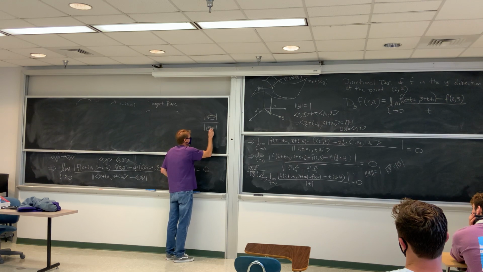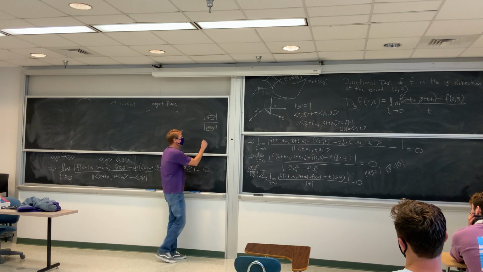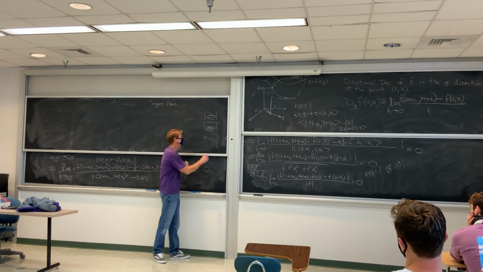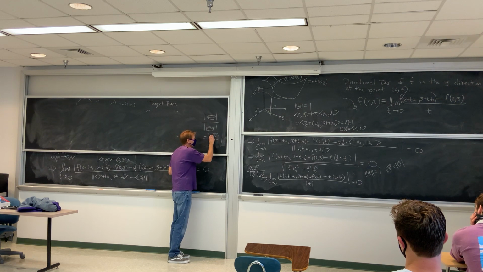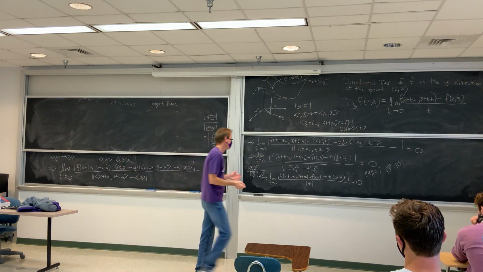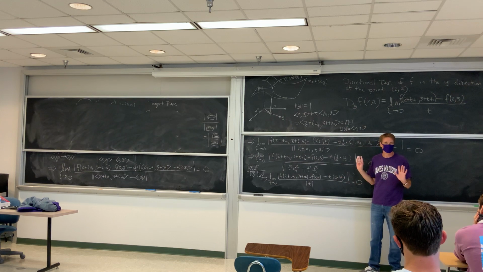If you have the absolute value of mashed potatoes over green beans, is that the same thing as the absolute value of mashed potatoes over the absolute value of green beans? So could I take this absolute value and make it one absolute value?